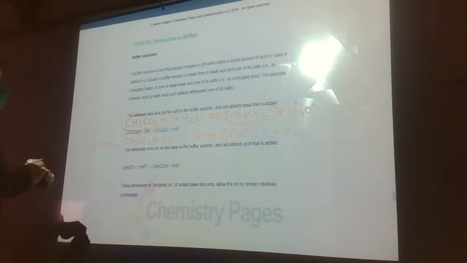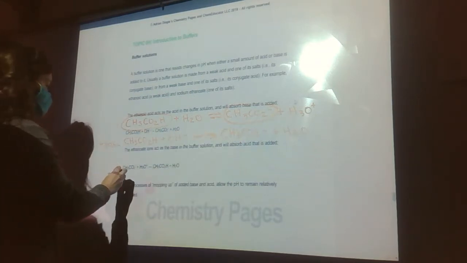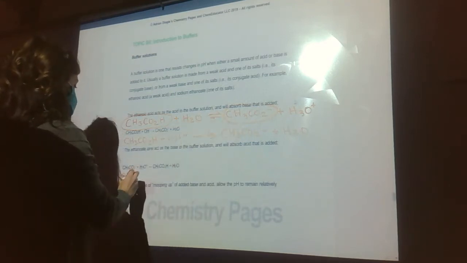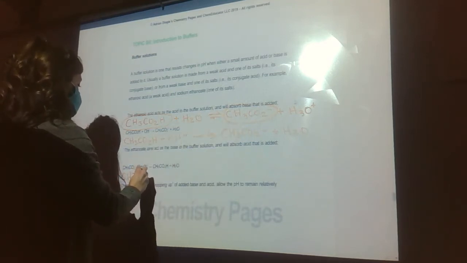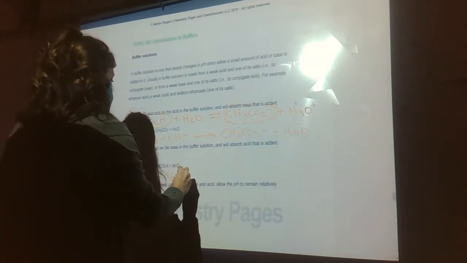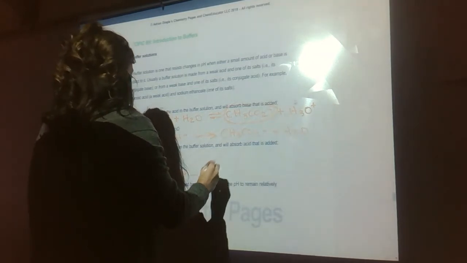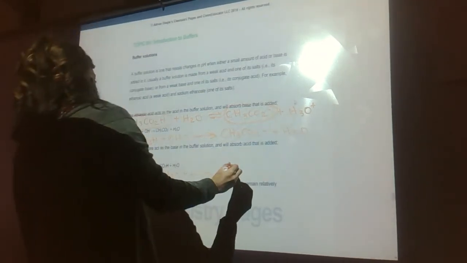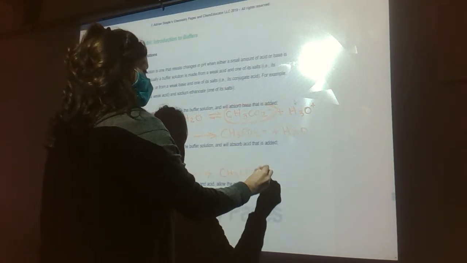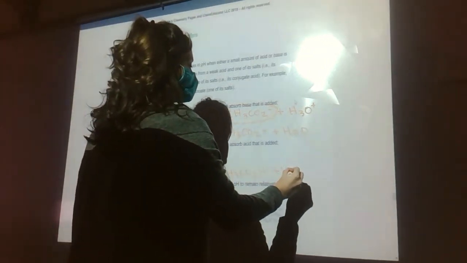Inversely, this same solution, if I add hydronium to it, the salt reacts with that, with the acid, to make weak acid and water.